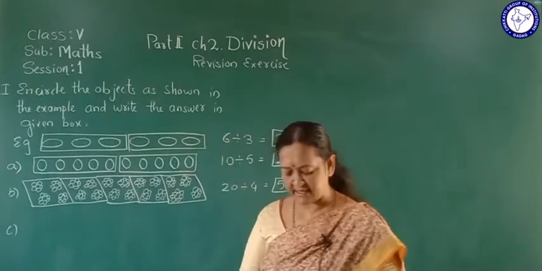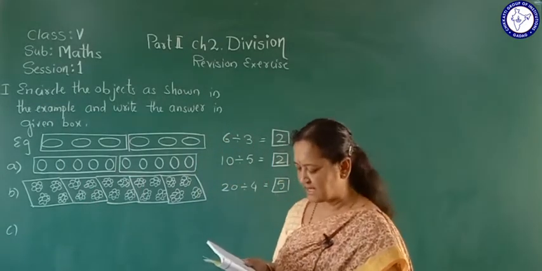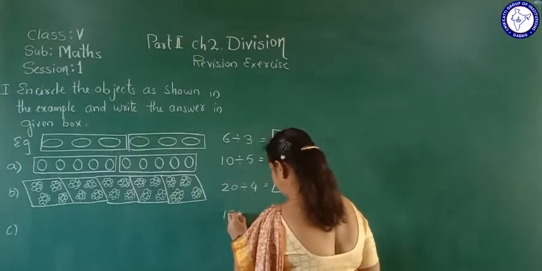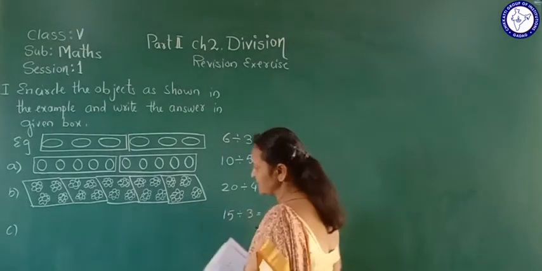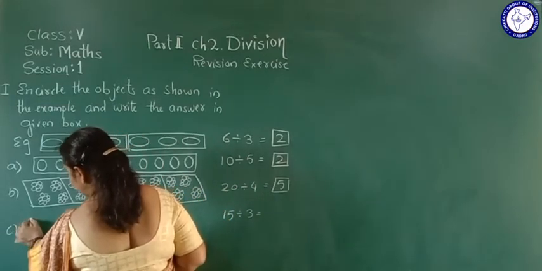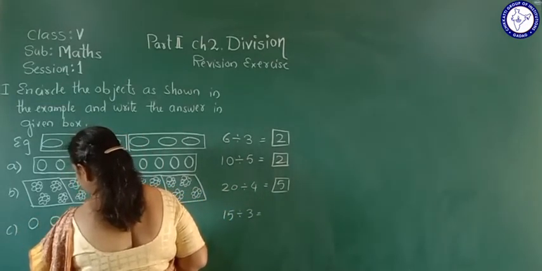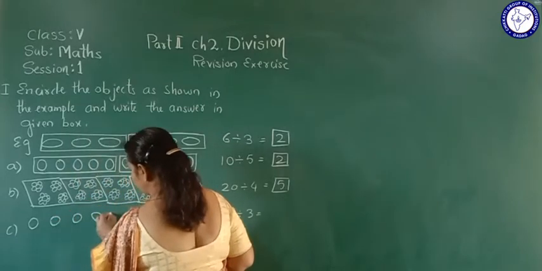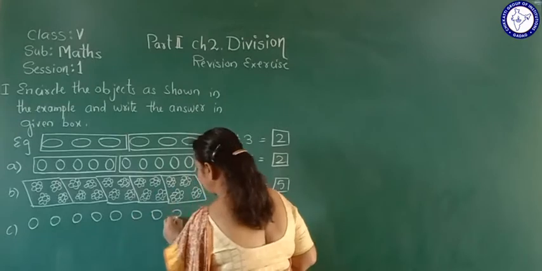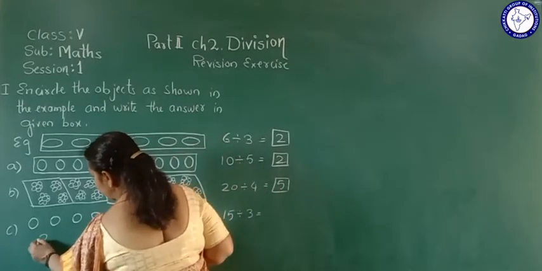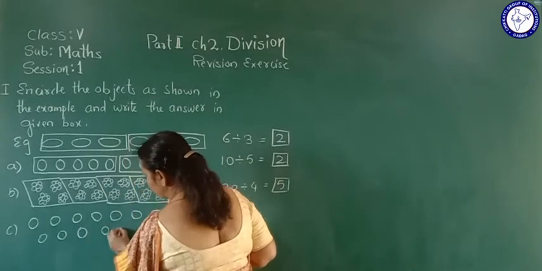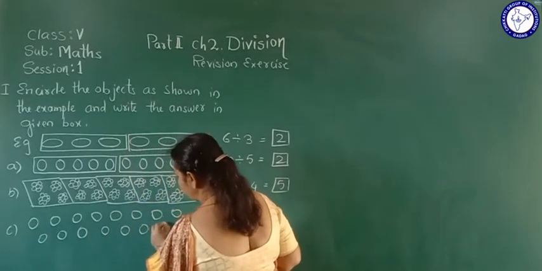Then C question. Here some small kids are given. How many kids are there? 15. 15 divided by 3 is given. So here let me draw 15 children. I'll just do round: 1, 2, 3, 4, 5, 6, 7, 8, then this is 9, 10, 11, 12, 13, 14, 15.